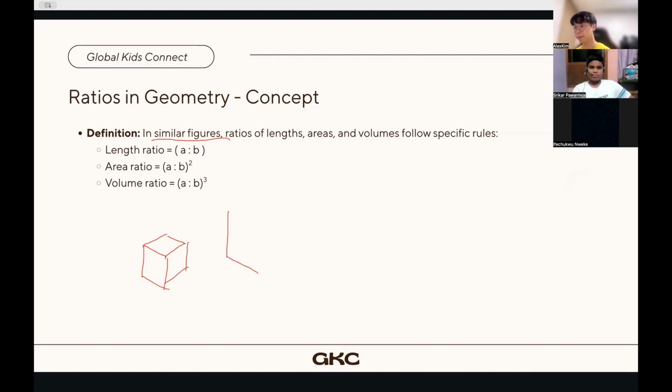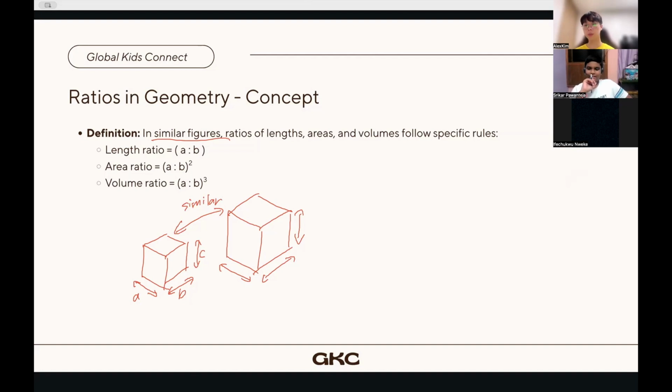And if we have a bigger cube with a longer side length, but because it's still a cube, the ratios of each side of the lengths, whether that be this side, and the height, the ratios of these three, A, B, and C, is 1 to 1 to 1 for a square. And so the ratio for the bigger square will also be 1 to 1 to 1. And therefore, we can say that these two shapes are similar.